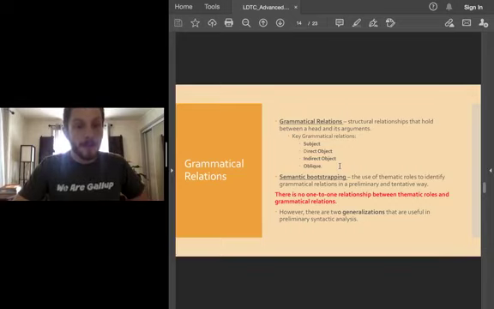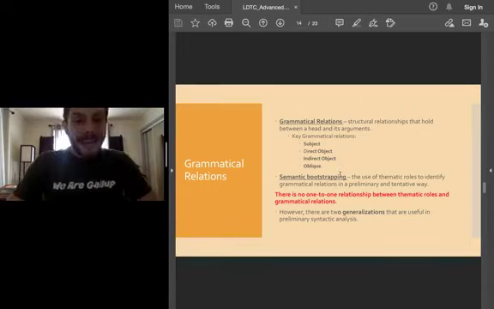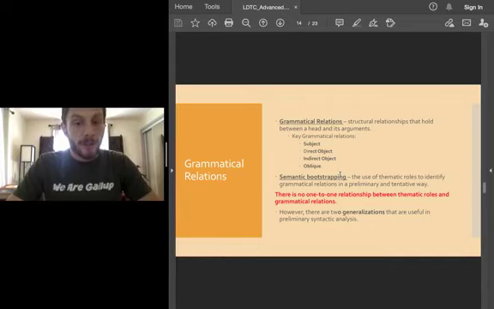They are two separate things. While there are trends in how they overlap, there is never a strict one-to-one correspondence. We can, though, make two generalizations about the mapping of thematic roles onto grammatical relations that are very useful in preliminary syntactic analysis and description.